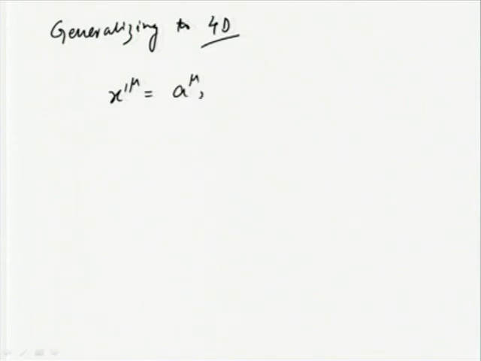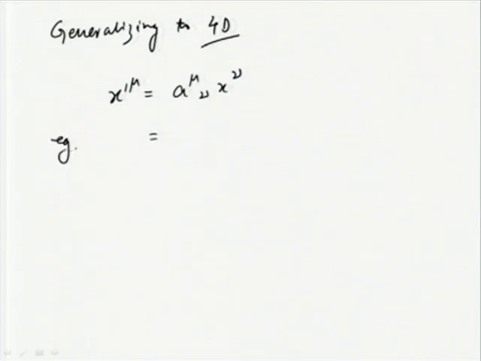We will generalize this now to the case of 4 dimension. Generalizing to 4 dimension, we can write x prime mu equal to A mu nu x nu, very similar to x prime alpha equal to A alpha beta x beta. And here, as we had mentioned, we have to take mu and nu values 0, 1, 2 and 3.